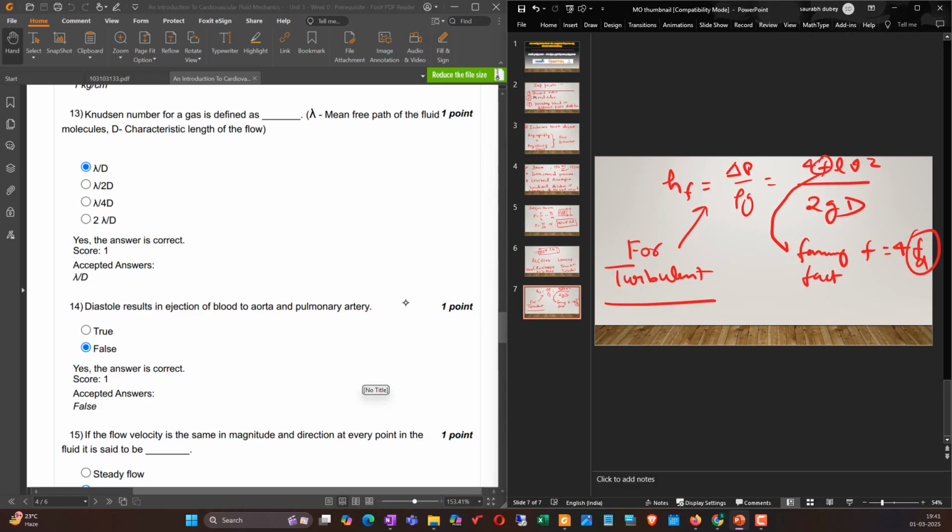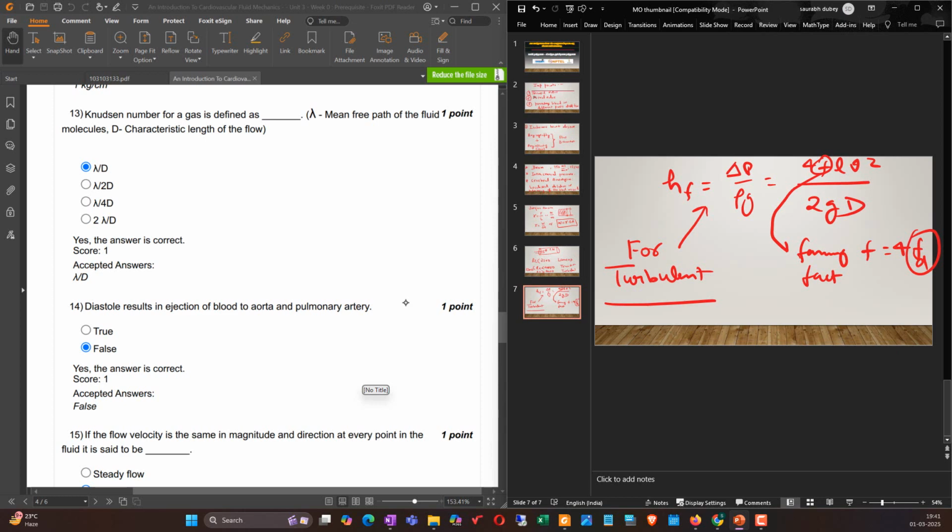So the Knudsen number is lambda by D. In nanotechnology, lambda is the mean free path, which is the distance between two molecules, between two successive collisions, right? And then D will be very small.